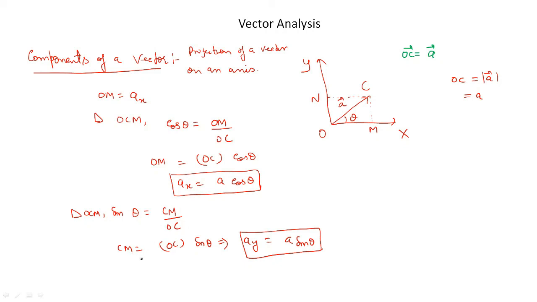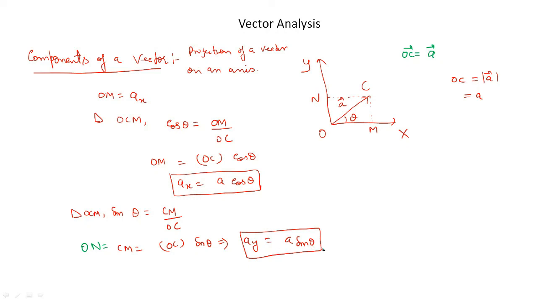So CM is equal to ON, if you see this rectangle here. So you can write CM as equal to ON. So it will be equal to OC sine theta, or AY is equal to A sine theta.